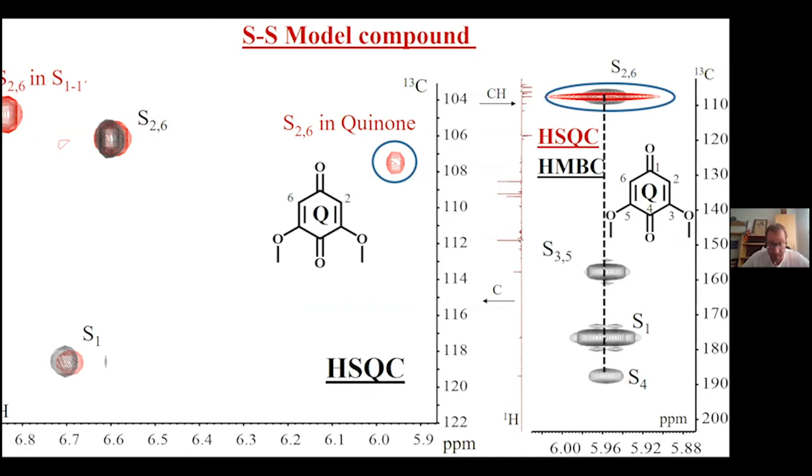Again, the assignment has been confirmed by HMBC, where we can see the correlation with the 2 conjugated carbonyls in position 1 and 4, which come up in the ketone region.